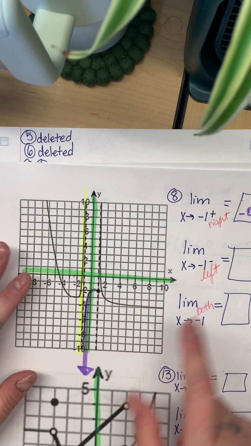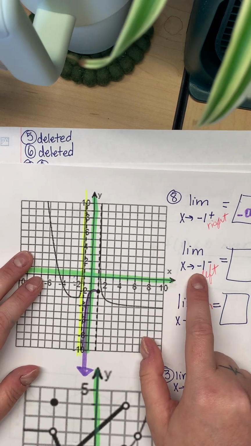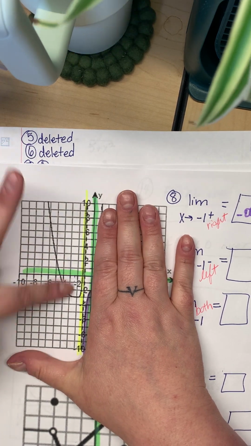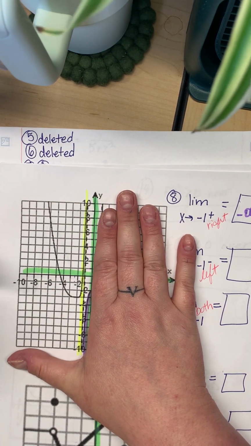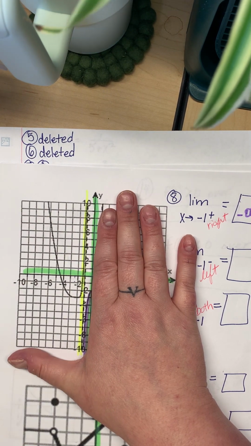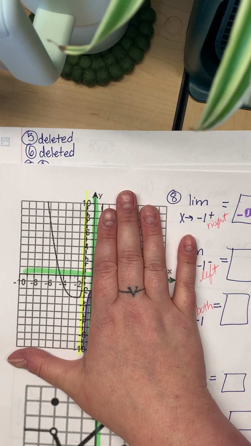Okay, now let's look at x approaches -1 from the left. So here's my -1, that yellow line, and I'm going to look for the piece of the curve that's directly to the left of it. You can barely see it.